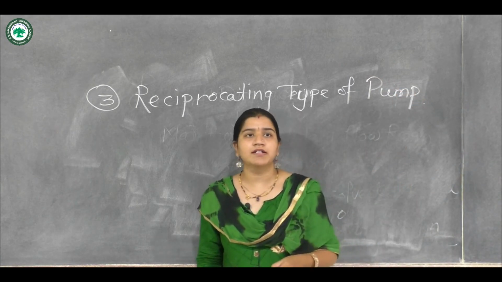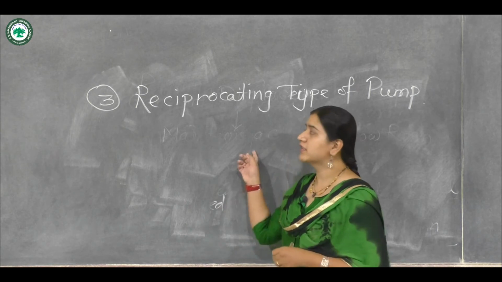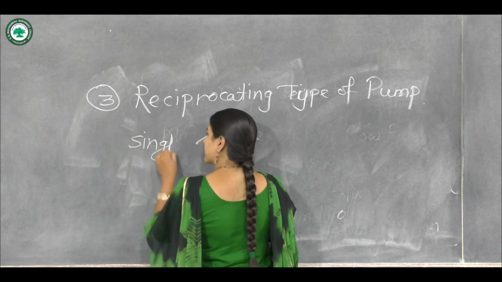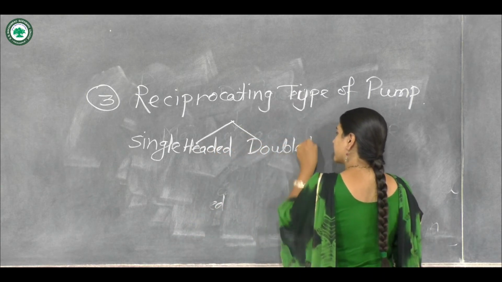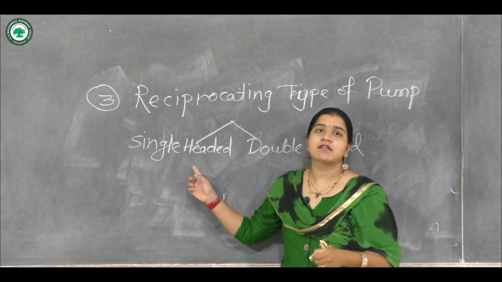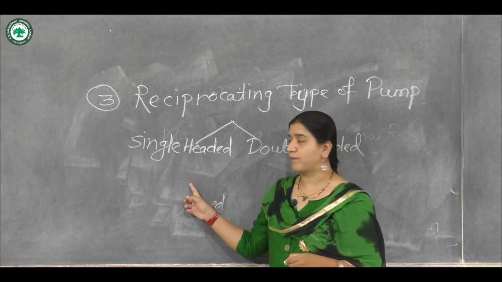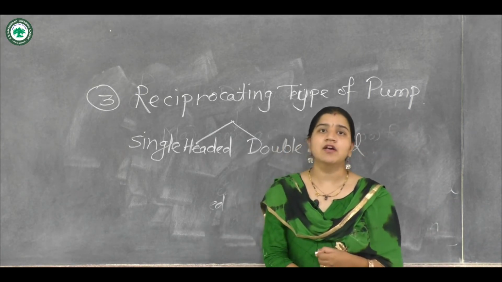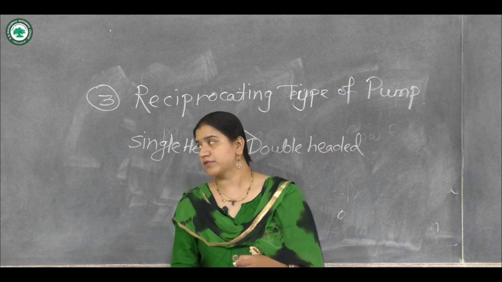In the reciprocating type of pump, single-headed and double-headed are the two types. In the single-headed type, a single-headed piston is used, and in the double-headed type a double-headed piston is used, and there is one inlet for the solvent and one outlet for the solvent in reciprocating pumps.